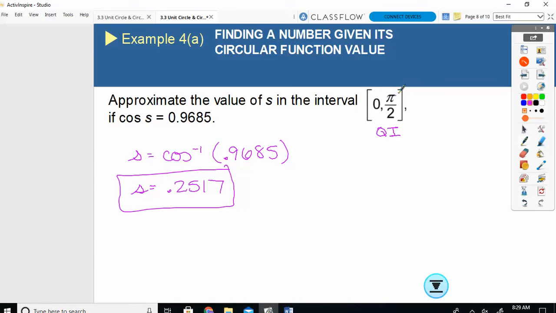I know that I'm in radian mode because 0 and pi over 2 are radians. If I'd said in the interval 0 to 90, then what would you need to do on your calculator? Put it in degree mode. Okay, so that interval tells me which mode I need to be in. So far, so good?